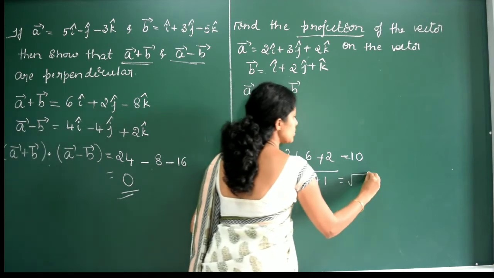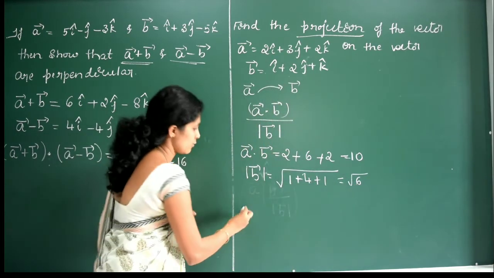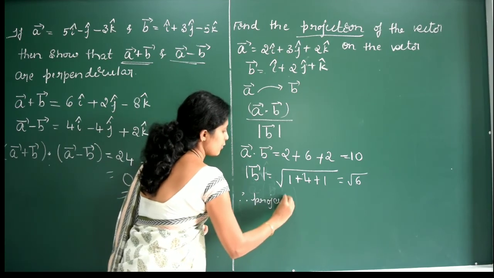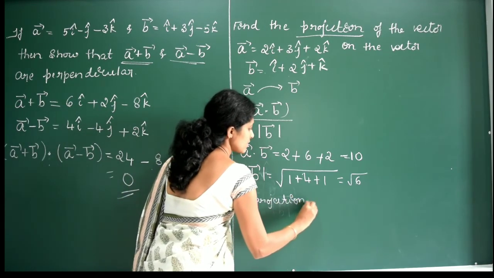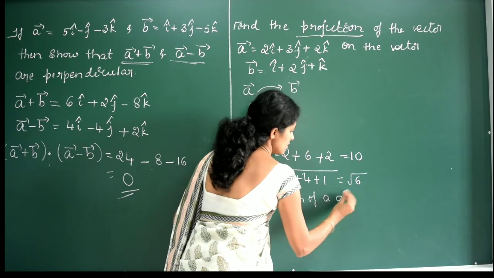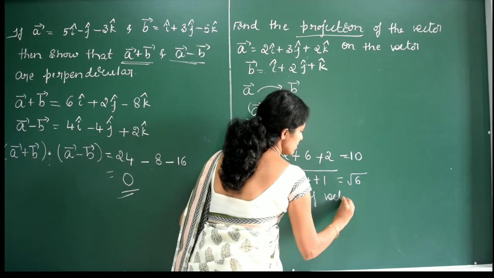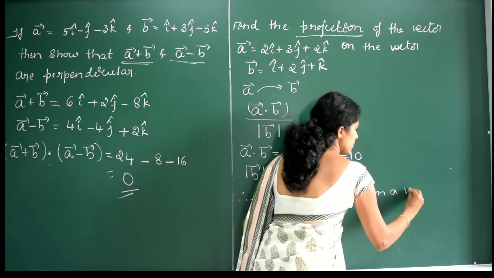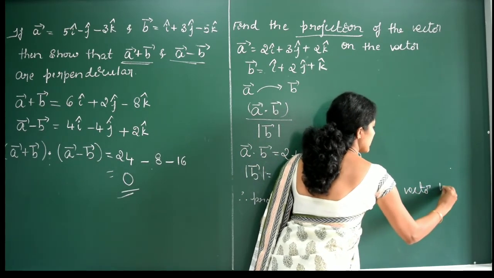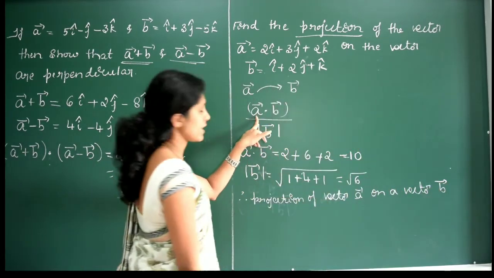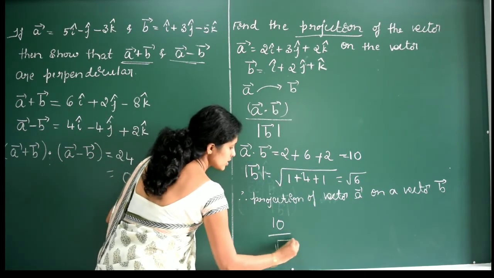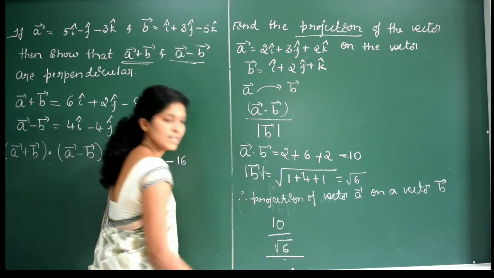So it is equal to root 6. Therefore, finally you have to write: the projection of vector A on vector B is given by, substituting this, A vector dot B vector, which is 10 divided by root 6. So this is the final answer.